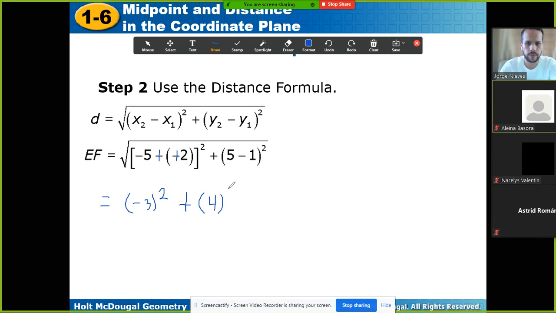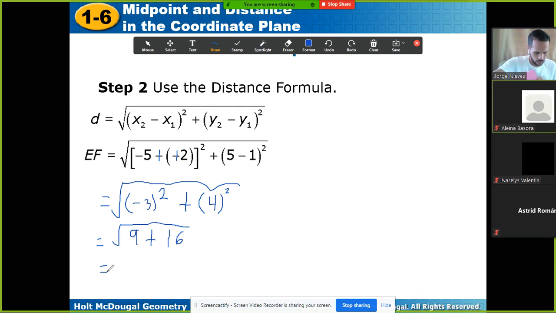We're always going to evaluate the square. So what's going to be the answer? It's going to be 9, and 4 squared is the same as 4 times 4. That's going to be 16. ¿Quién me dice cuánto es 16 plus 9? 16 más 9. 25.